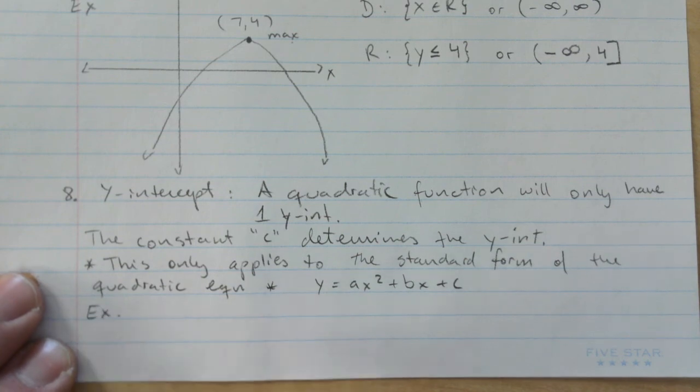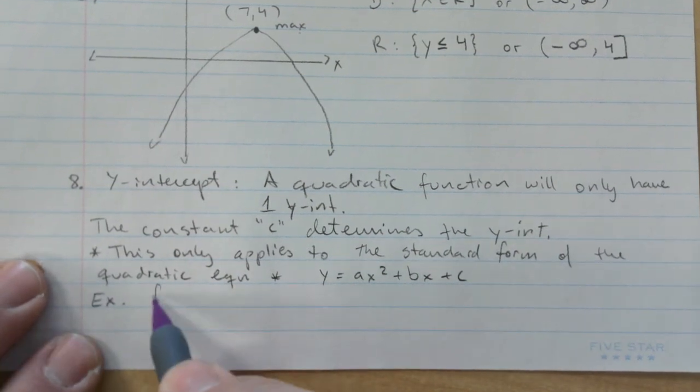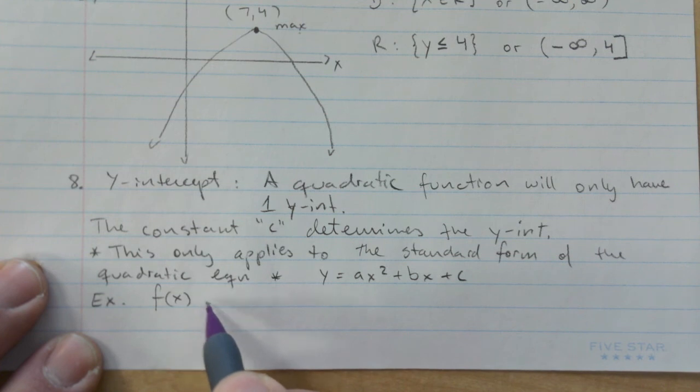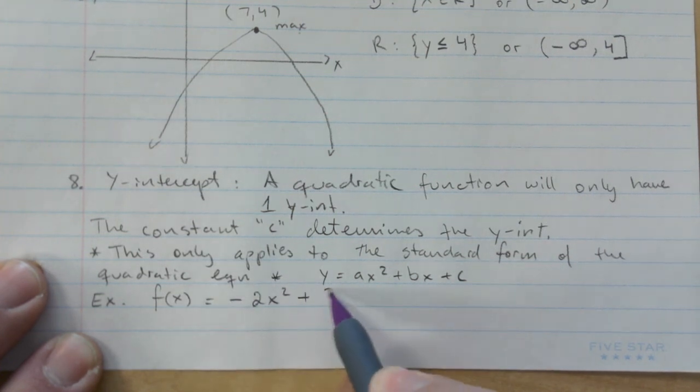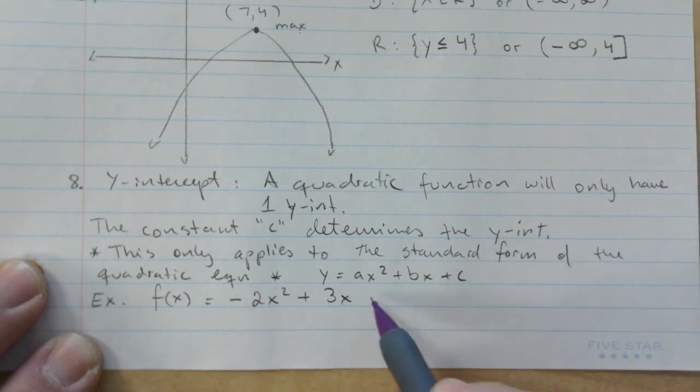So example, f of x is equal to negative 2x squared plus 3x minus 4.